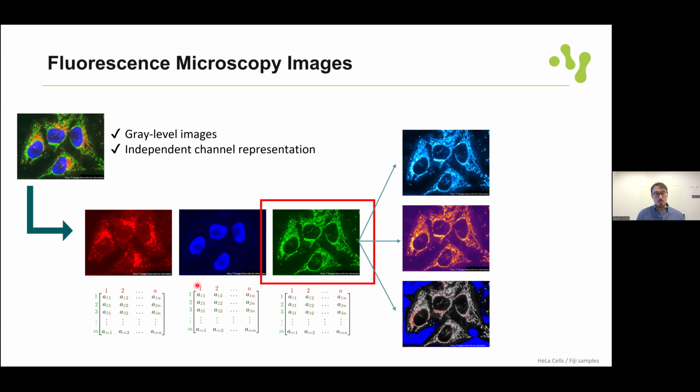In this case, we're only working with these 3, but maybe red, green, and blue were not the best colors to choose. So we can grab one of the channels and say, okay, we're going to use cyan instead of green, or maybe we want to show the background and also the really bright intensity. So we go for this LUT called Inferno, and these LUTs are called lookup tables.